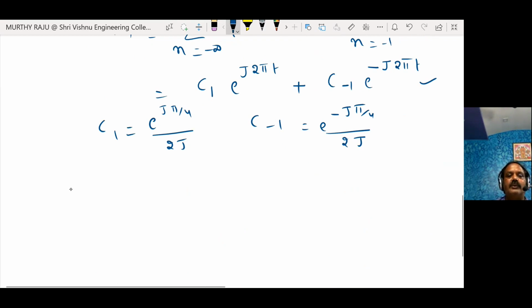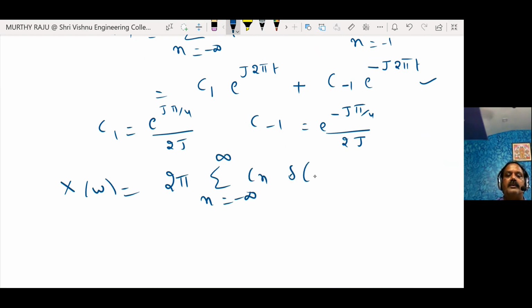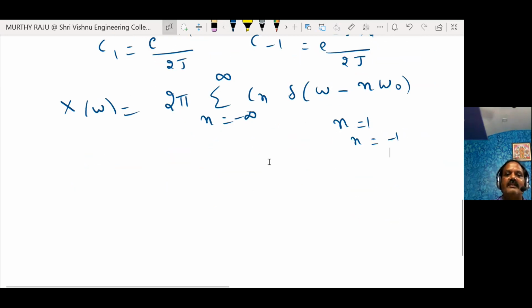Now apply the Fourier transform of the periodic signal. The general formula is 2 pi sigma n is equal to minus infinity to plus infinity C n delta of omega minus n omega naught. Here n is equal to 1 and n is equal to minus 1.